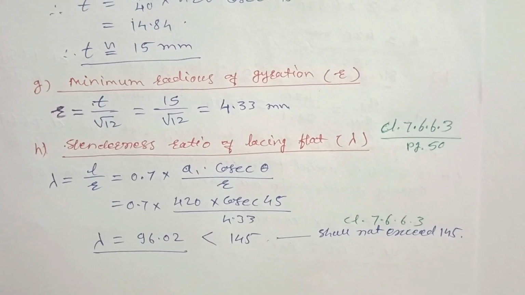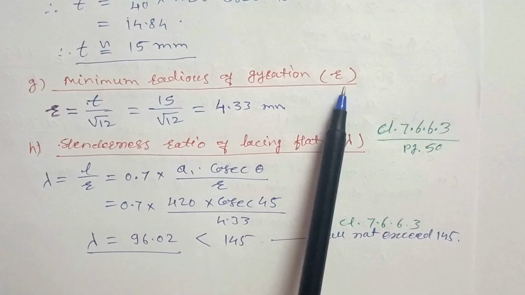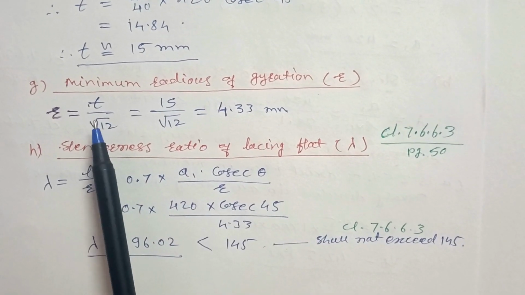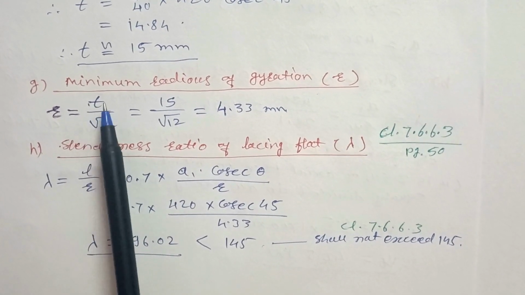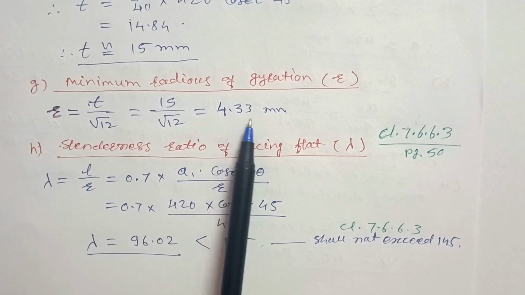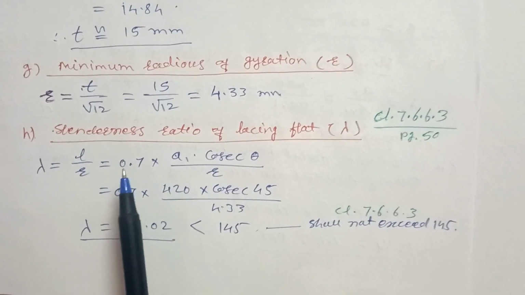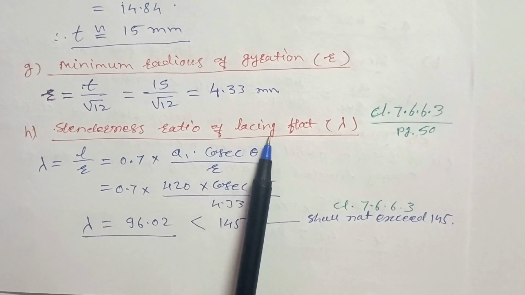For the lacing flat, we also calculate the minimum radius of gyration, that is R. It can be calculated through this formula, T divided by under root 12. So it is calculated as 4.33 mm. From this radius of gyration we can calculate the slenderness ratio of the lacing flat.